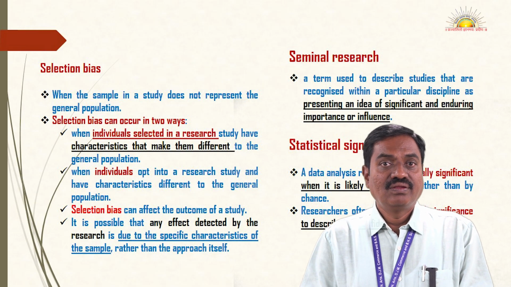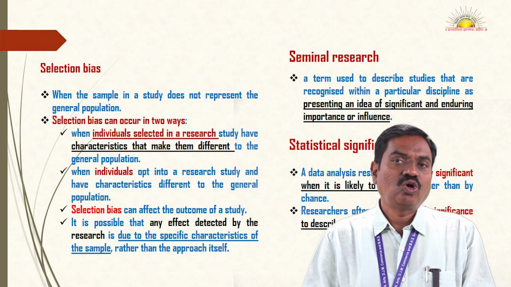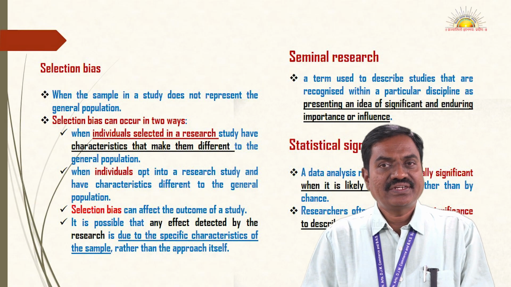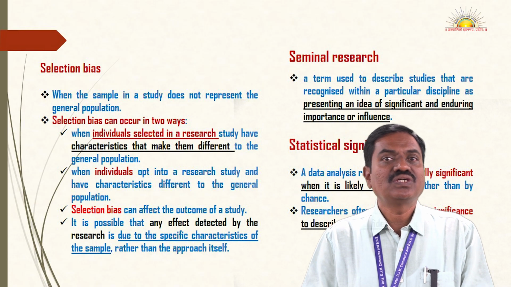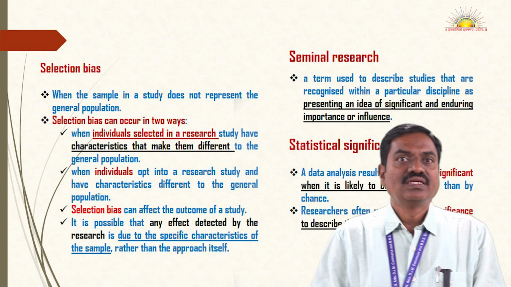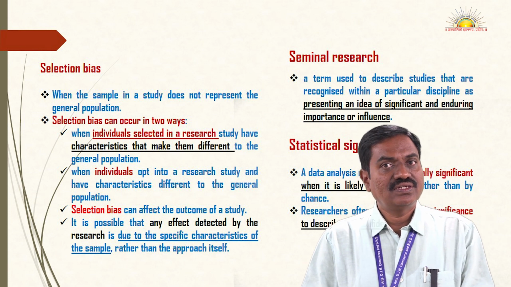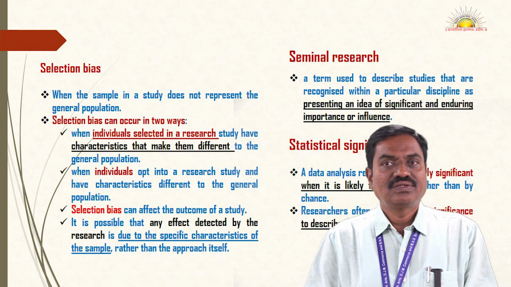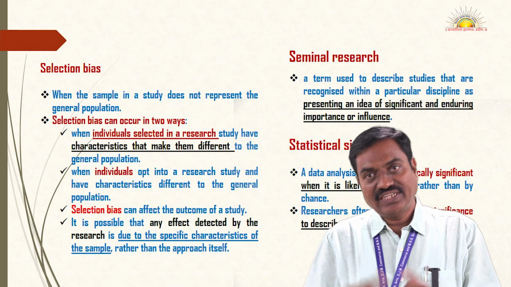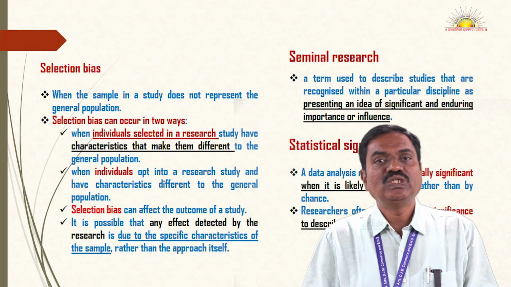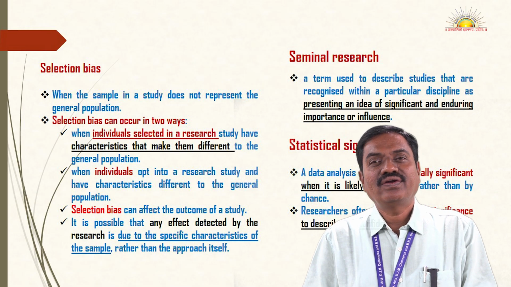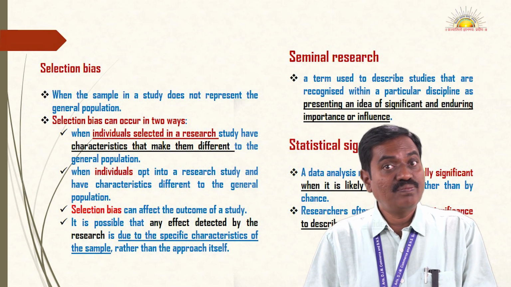And secondly, when individuals opt into a research study and have characteristics different to the general population. Selection bias can affect the outcome of a study, as it is possible that any effect detected by the research is due to the specific characteristics of the sample rather than the approach itself.